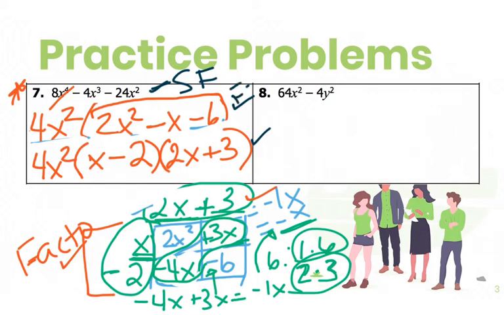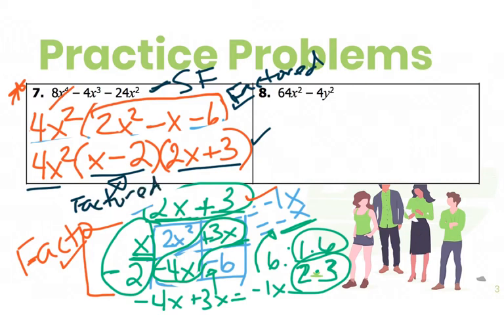So here it's factored, but in the third line, because I've got 1, 2, 3 factors, here it is factored completely.